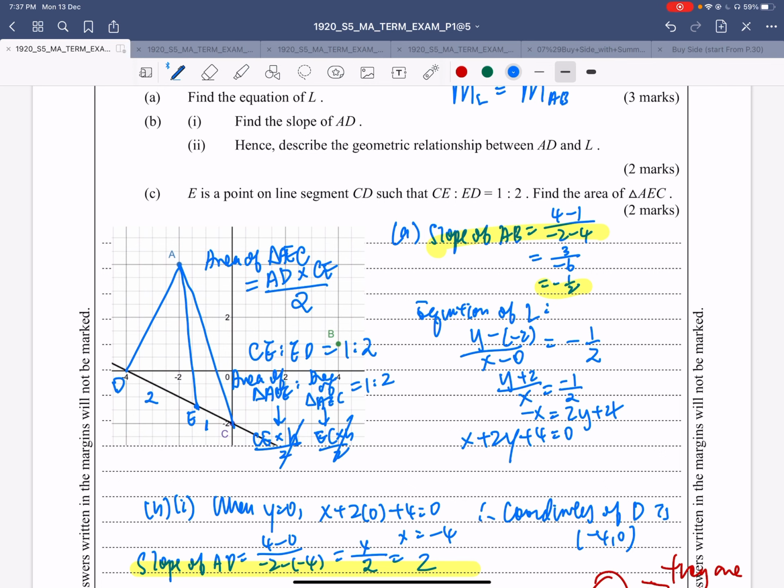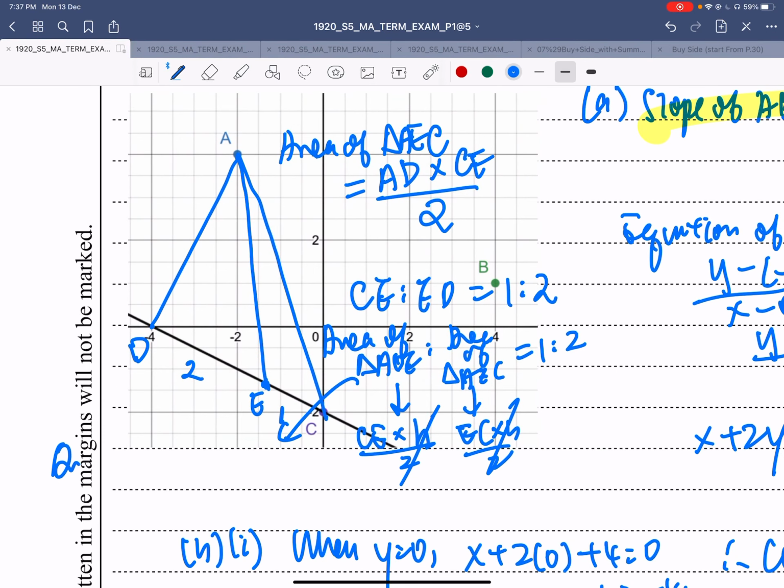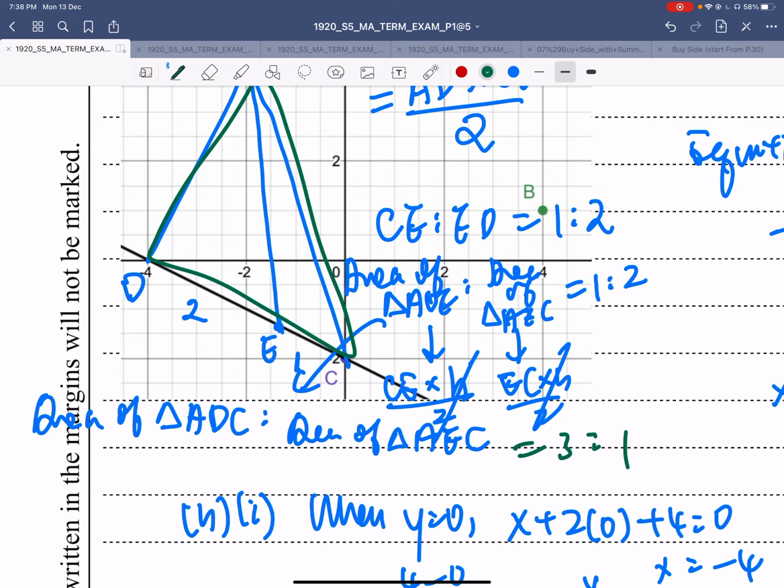When you simplify them, the area ratio is still the same, all right? So you can also derive the area of triangle ADC to the area of triangle AEC. ADC is the whole proportion, which is 2 plus 1 is 3, and EC is only 1. It's equal to 3 to 1, okay?